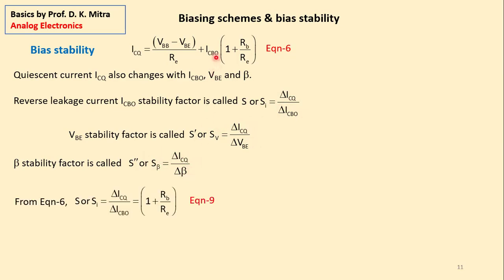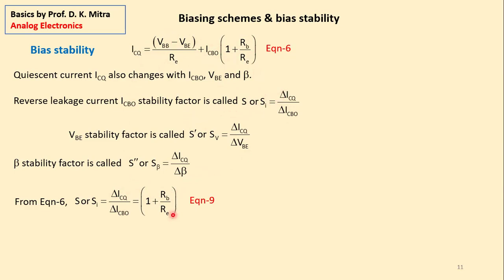Now from equation 6, we find SI or S is del ICQ by del ICBO. If you do this workout, this is not dependent on ICBO. Del ICQ by del ICBO is only 1 plus RB by RE. So SI is 1 plus RB by RE.